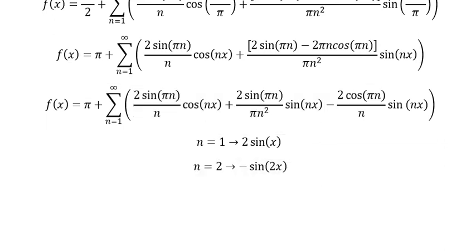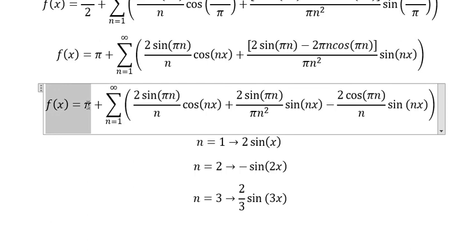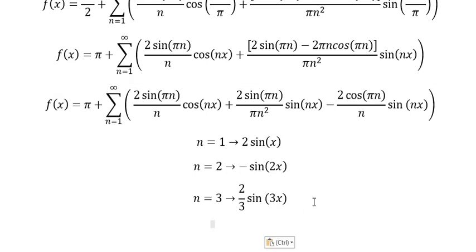And now if we go n equals to number 3, we will have 2 over 3 sin 3x. So if we simplify, we will have like this.